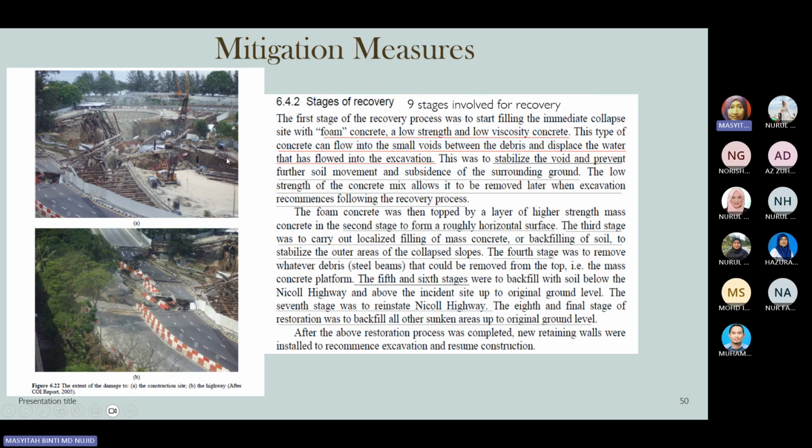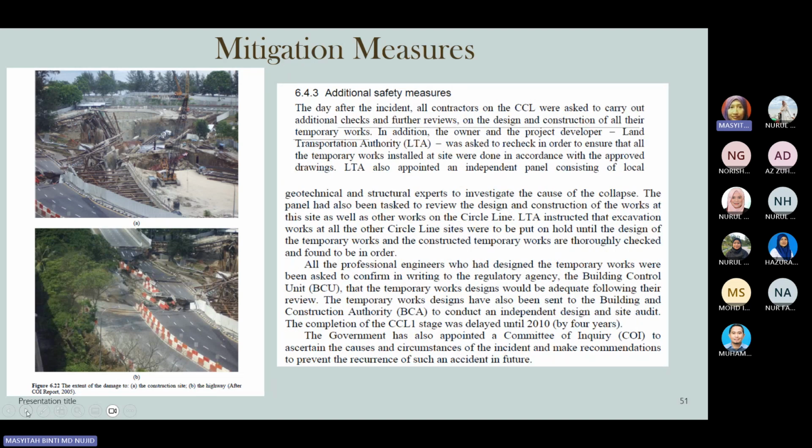So you see that sometimes the recovery stage takes a lot of construction activities compared to if we prepare from the early stage before construction started. So there are a few things that need to be done after failure occurred, and this is talking about the projections of the time frame of the project that can be affected.